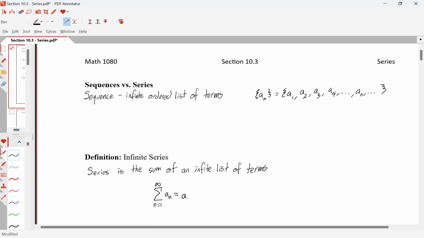And this means we're taking that list of terms, a1 plus a2 plus a3 plus a4 plus continuing to add plus a_n plus and so on. So we're adding up an infinite amount of things. It's a little bit of difference between what is happening with the sequence and what is happening with the series. And we're going to keep coming back to this idea of using the sequence to talk about the series.